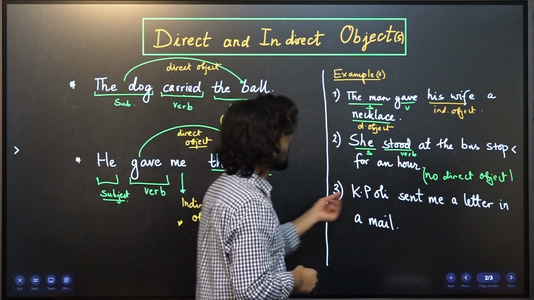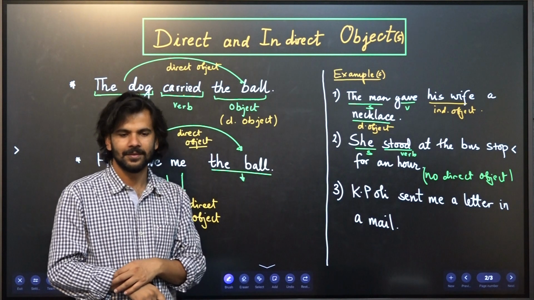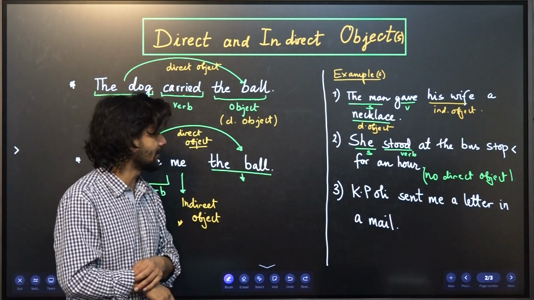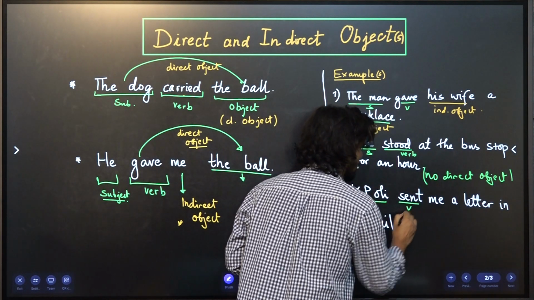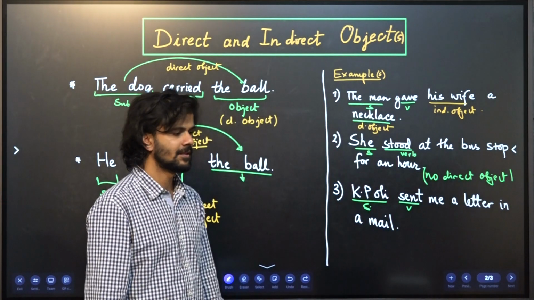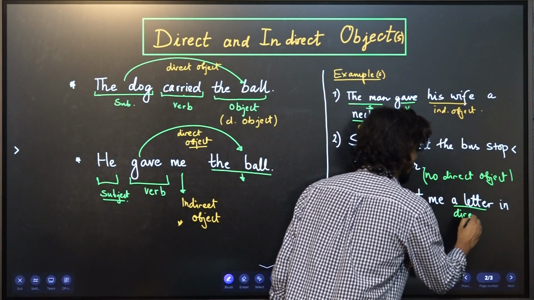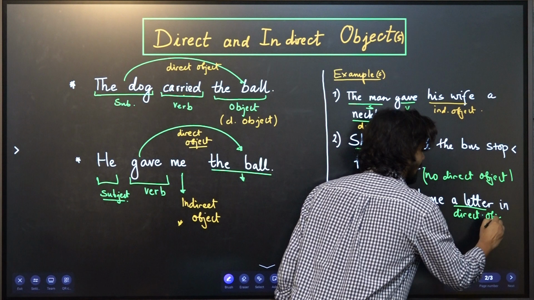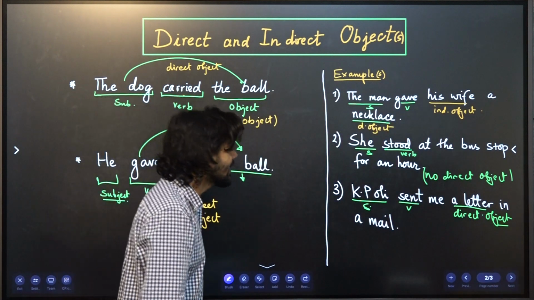And then: KP only sent me a letter in a mail. KP is the subject. What did he send? A letter. What is it? Direct object. Me, indirect object. Who? Me.